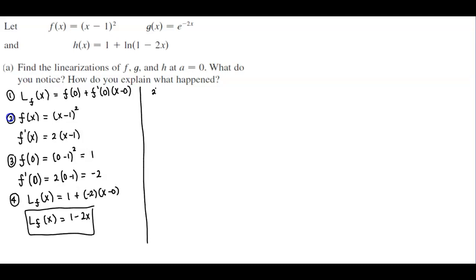Okay, now we want to find the linearization of g of x, which is going to equal g of 0 plus g prime of 0 times (x minus 0).